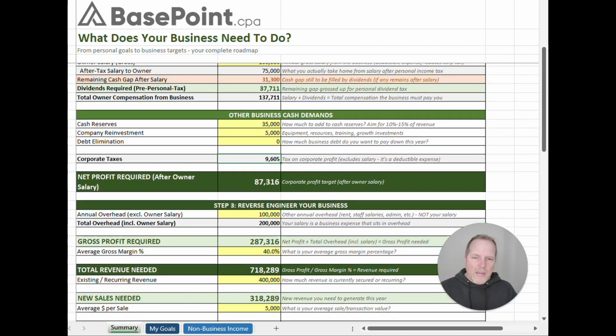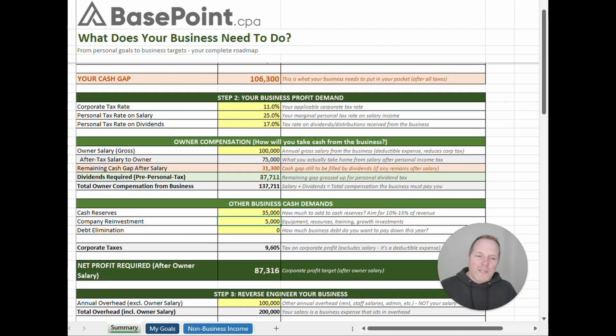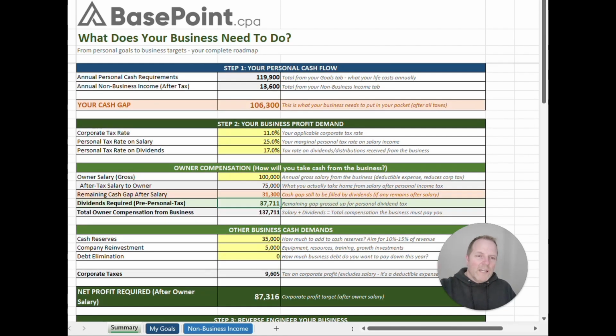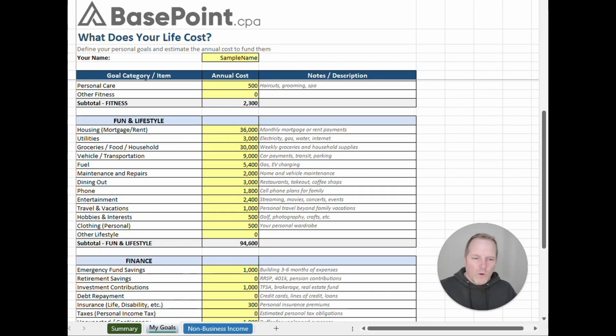That will cover your corporate taxes, cover any additional profitability that you need in the business for, say, reinvestment or cash reserves in order to be able to generate the additional cash required to take out as dividends so that you can pay the tax on it and then keep the leftover to get your total amount that's needed to cover your cash gap in order to reach your goals that you listed out over here, okay?